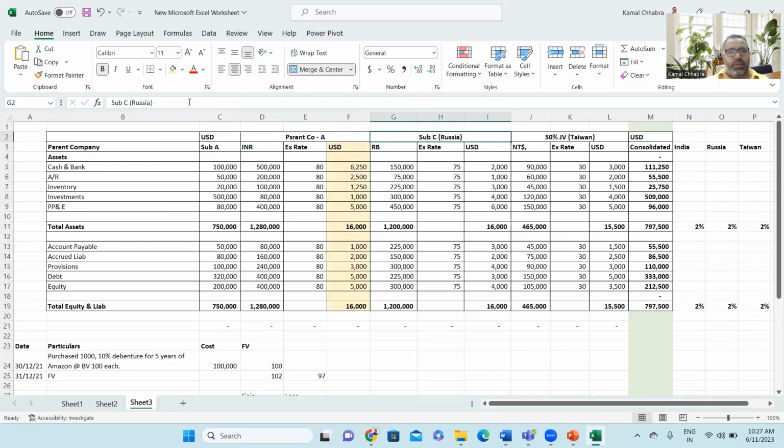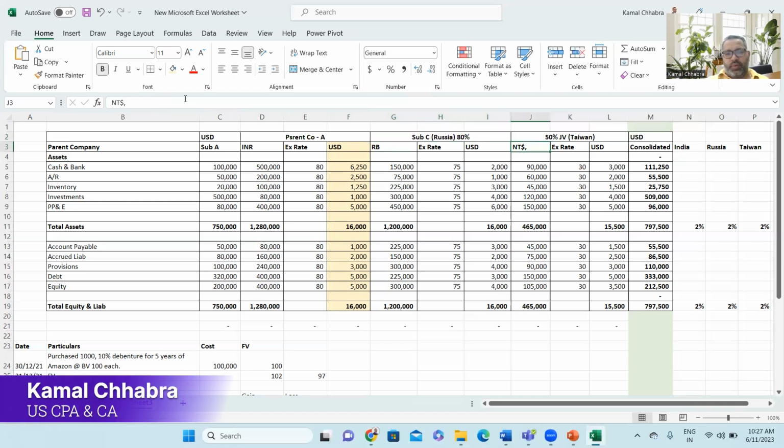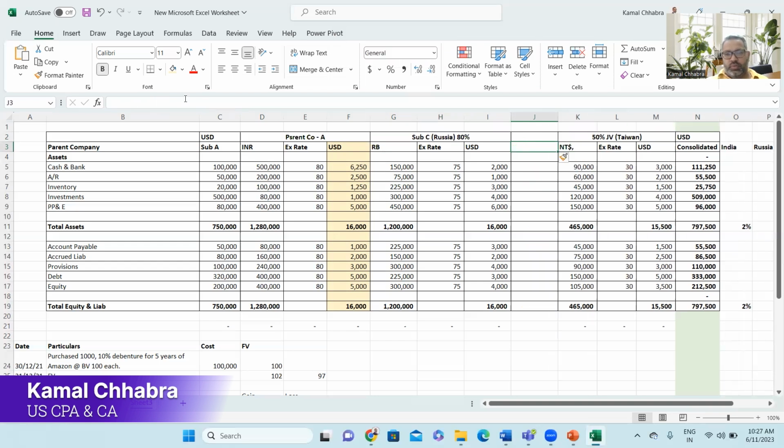And this is subsidiary C in Russia, where you hold 80% equity. Now, for this company, how much percentage do you have? 80%.